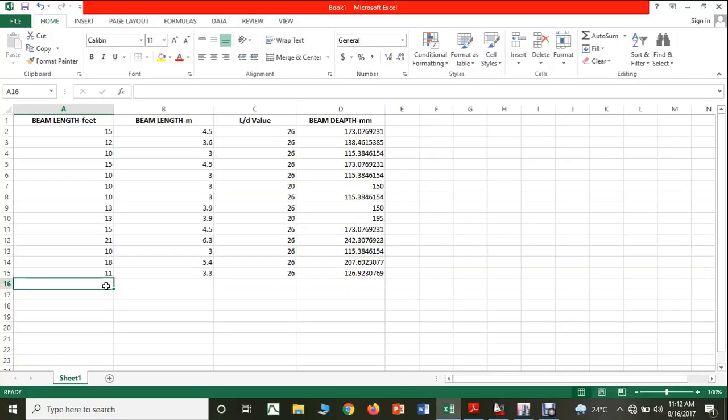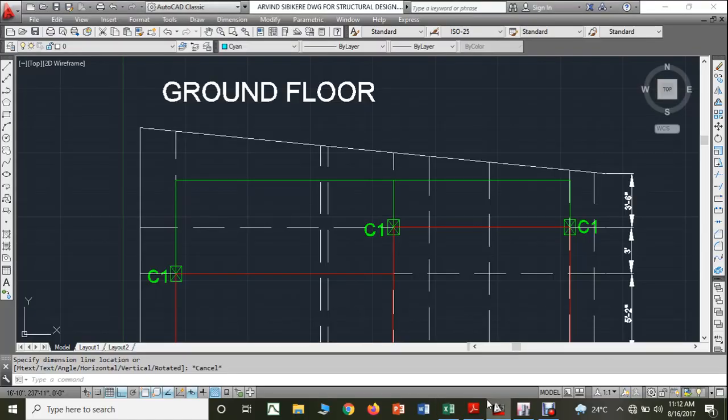Almost I can make it as 7 feet itself. So 7 feet, so 2.1 meter, it is 7. You are getting 300 mm depth. Okay, you are getting depth as 300 mm, right? Yes. So this, no issues, we will make it as a simply supported beam only, right?